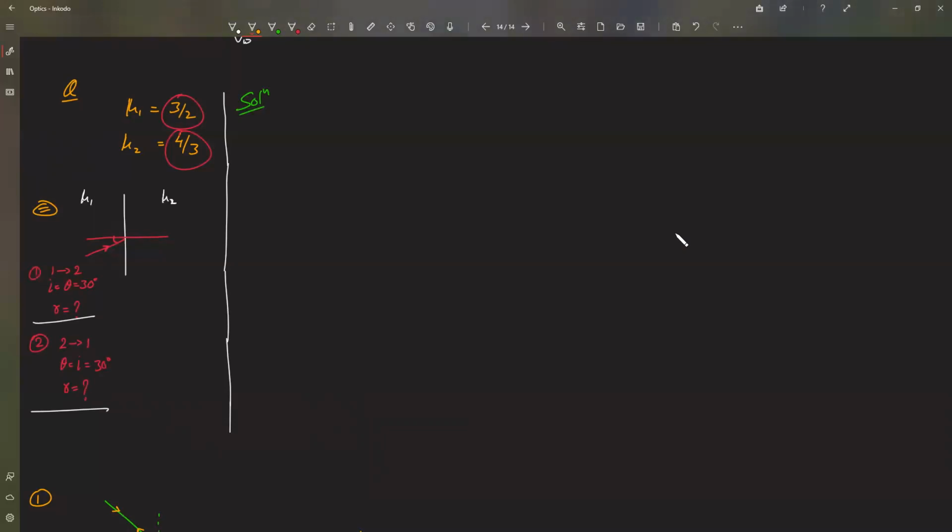Yes, that is correct. And the second case is sine inverse of 4 by 9. Yes, this is also correct. Both are correct. So you got the answer, right?